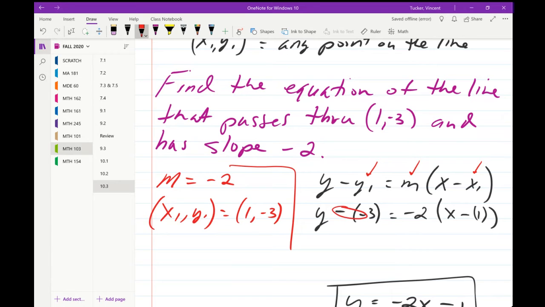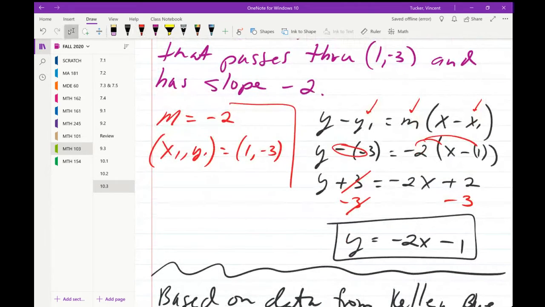Here we have a negative to a negative, so that's going to turn positive. Then we distribute this -2, be -2x plus 2. Then to finish it off, we will subtract 3 from both sides.